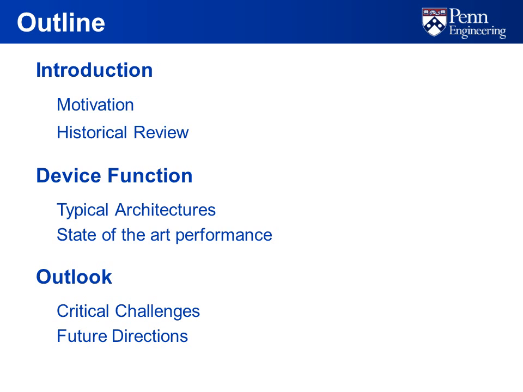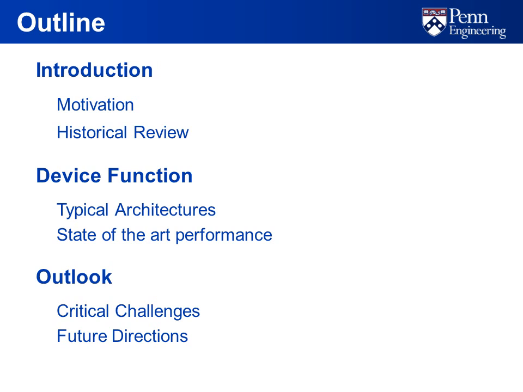Here is the outline of my presentation. At the beginning, I will introduce the motivations of why we want to build quantum computers based on silicon, what the advantages of silicon are, and a brief historical review of realizing spin qubits in silicon.